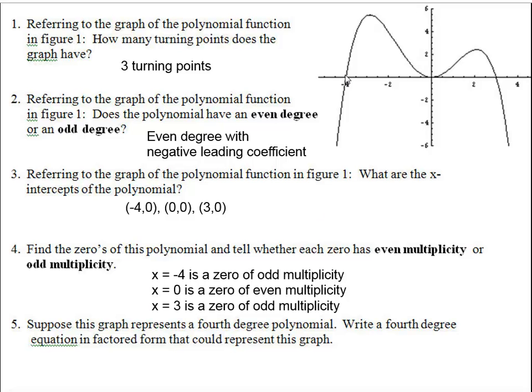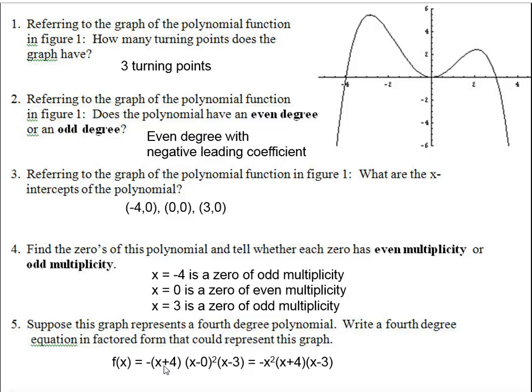Since x equals -4 is a zero, x plus 4 has to be a factor. I know that x equals 3 is a zero, so x minus 3 has to be a factor. And I also know that x equals 0 is a zero, and it has an even multiplicity. So I'm going to make that factor have an even exponent.